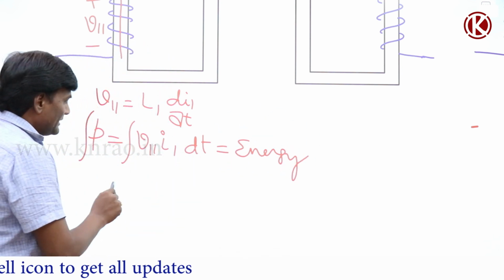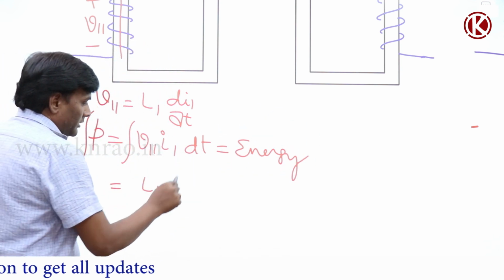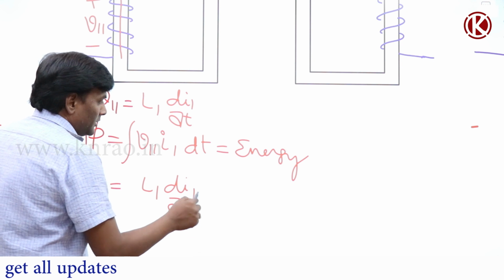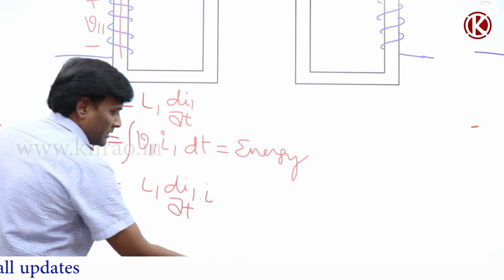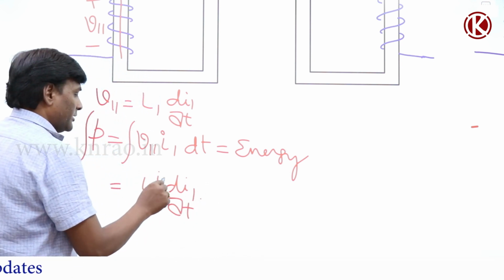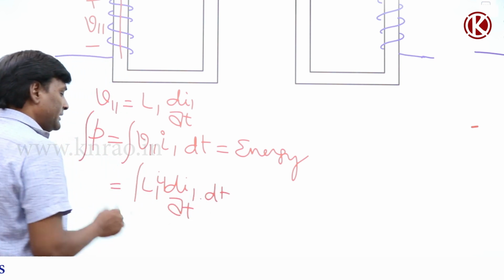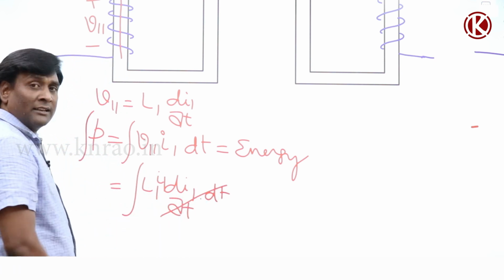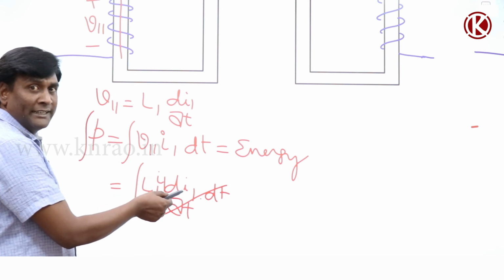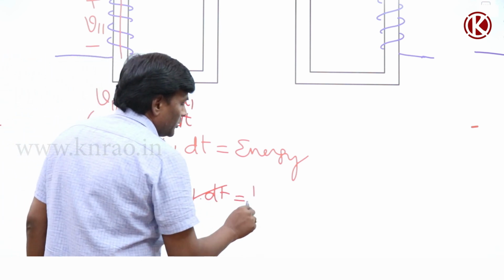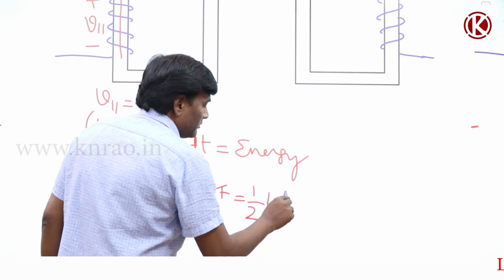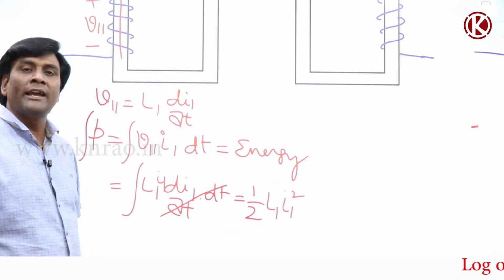So how much is energy now? This is going to be L1 di1 by dt into I1. Dt will get cancelled. I1 di1 integration is going to be I1 square by 2. So this is half L1 I1 square is going to be energy stored.